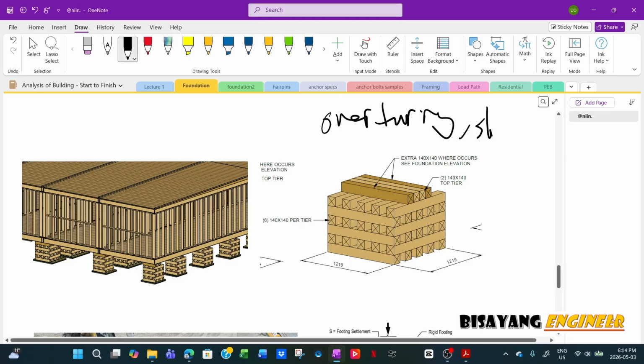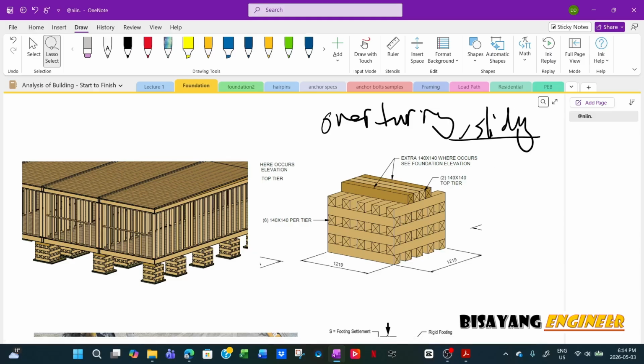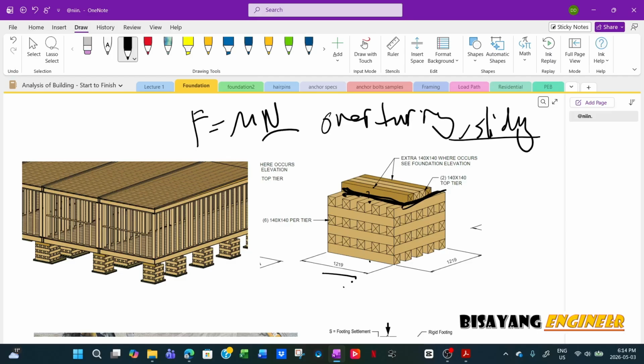and sliding. So for the sliding, all you have to do is get the frictional resistance, wood to wood, and then wood to ground. So whichever governs, that's your frictional resistance. So whatever is the total weight, from the formula F is equal to mu times N, where N is the normal force equal to the weight of the building.